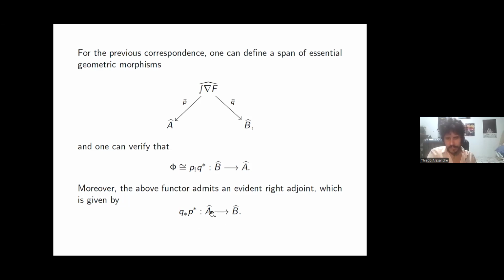So it's just an exercise with adjoint functors, and we can verify this.